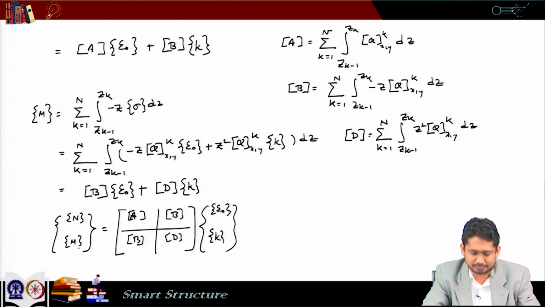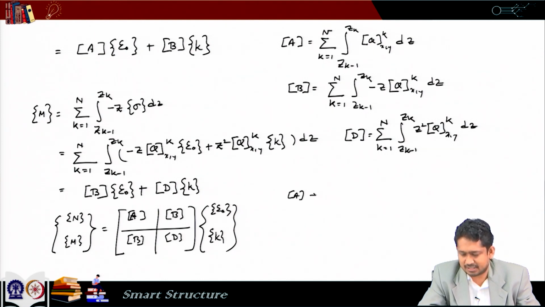Similarly, here m, if I do look at this relation, m is equal to B into epsilon 0 plus D kappa. This also means that if I just apply pure bending, I can get in plane displacement components and in plane strains as well. So, A is our in plane stiffness, D is our bending stiffness, and B is coupling stiffness.